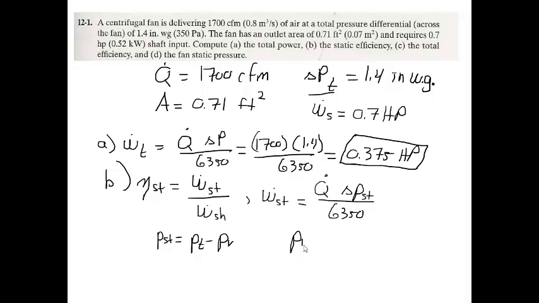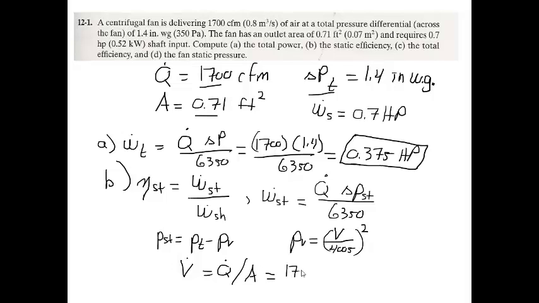I don't know what my velocity pressure is, but I can compute that as velocity in feet per minute divided by 4,005, squared. So knowing my flow rate of 1700 CFM and knowing my area is 0.71, I can pull pretty quickly what my velocity is. It should be flow divided by area.